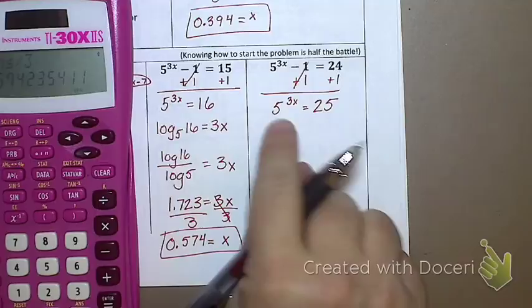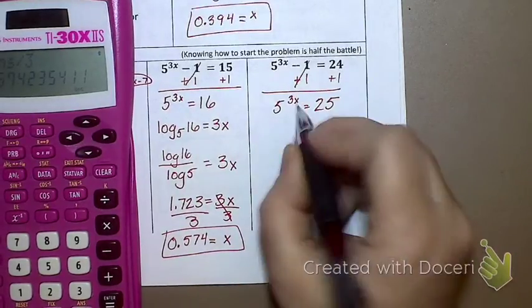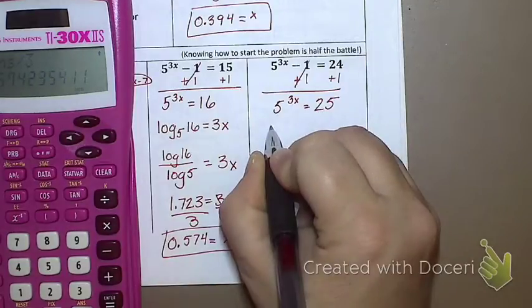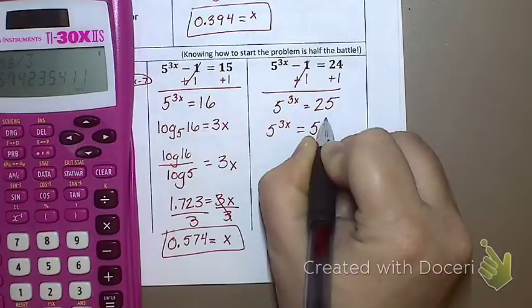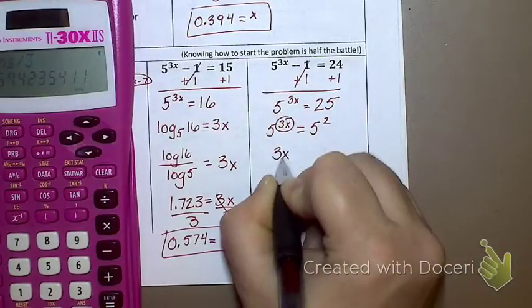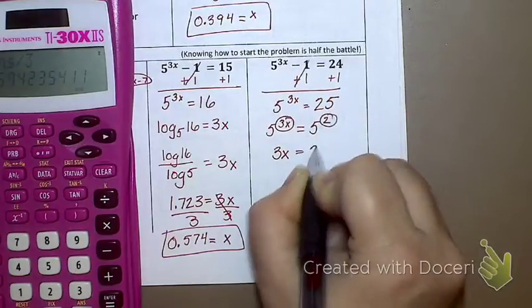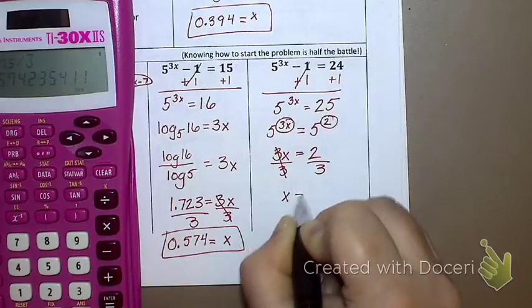If you have something like this, you can go to log form if you want to, and you'll end up in the same place. Okay, so you said same bases, so I have 5 to the 3x equals what? 5 to the second. So what do we have? 3x equals 2. Divide by 3, and x equals 2/3.